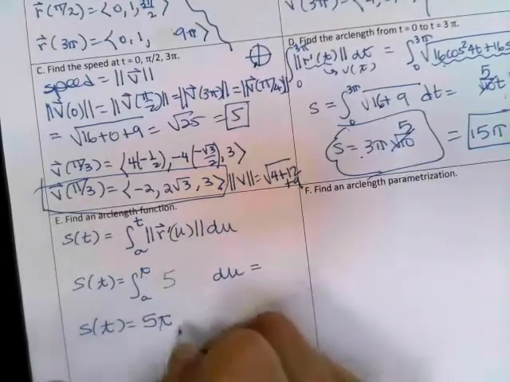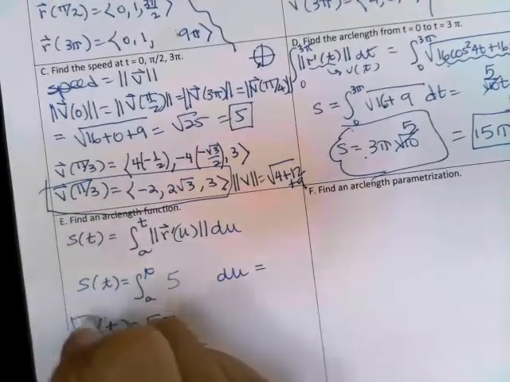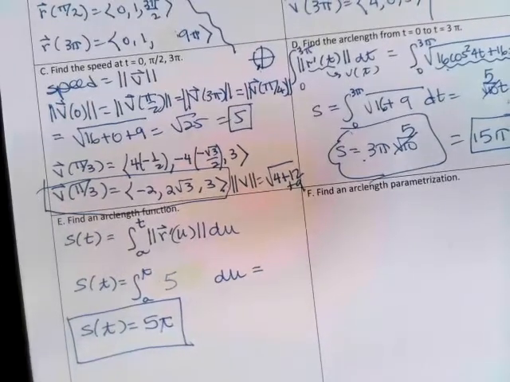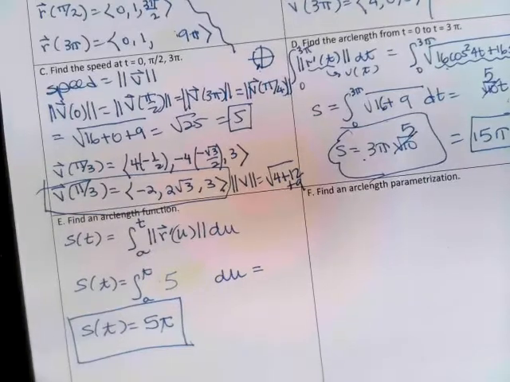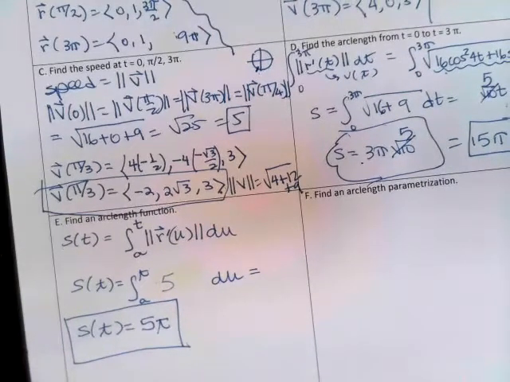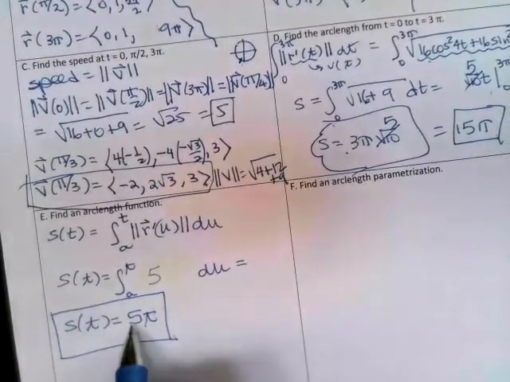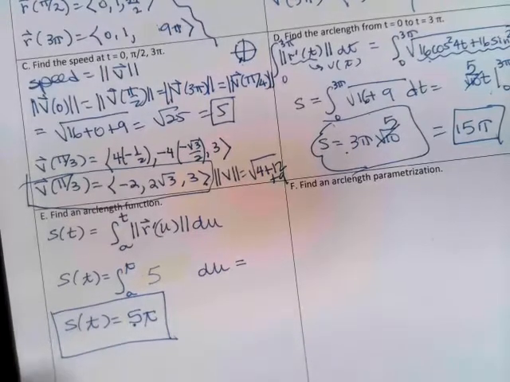We'll choose a to be 0. So there's my arc length function. If you're interested, you can just find out how far you've traveled by multiplying 5 times how long you've been walking. Distance equals rate times time. We have a constant rate of 5, and then time, how long you've been walking.